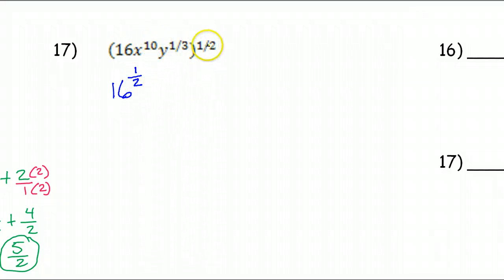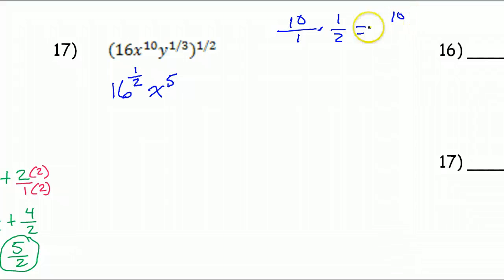Now with the variables, you multiply. So 10 times 1/2 is 5. Half of 10 is 5. If you really need to do it out, it's like 10 over 1 times 1 over 2. That's 10 over 2, that's 5. But I'm hoping you don't have to do that. Anyway, the y's.